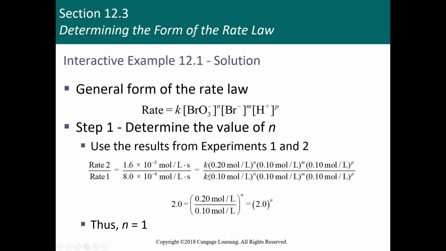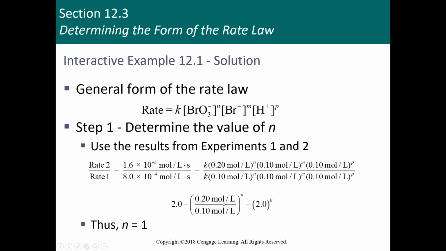Anything divided by itself is 1. Anything multiplied by 1 is itself, isn't it? It doesn't change it. And so here we see that we get, this is 2 times this value right here, which gives us a 2. These concentrations right here are the only ones that end up mattering because they're not the same. And that means 0.2 over 0.1. And that is going to be the power of n.